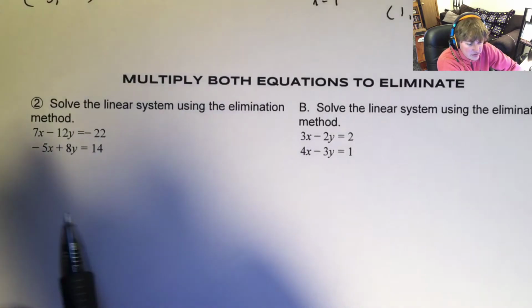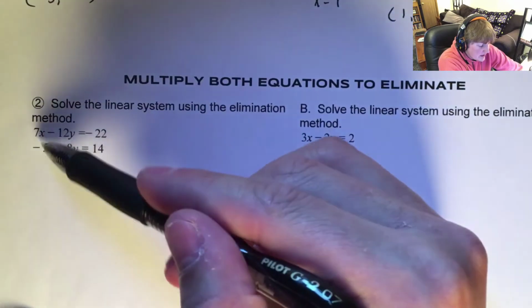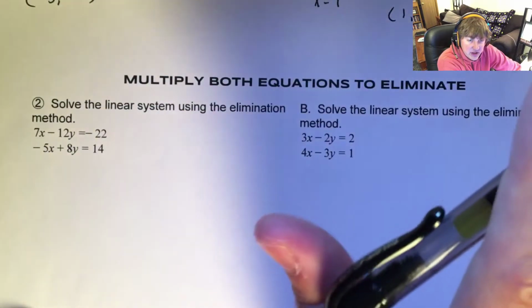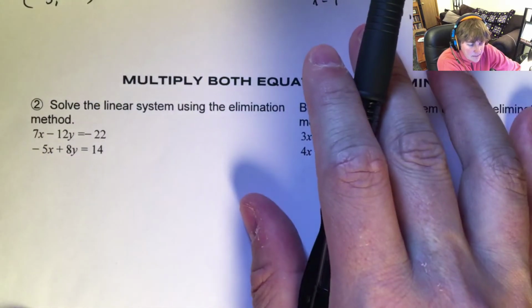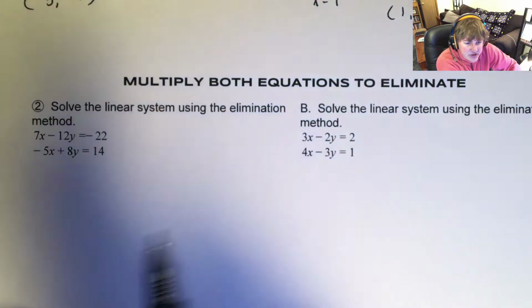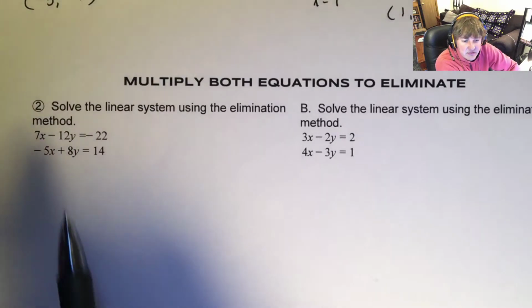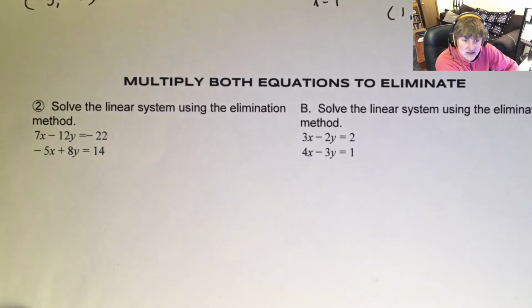So this is going to be one where I'm going to have to multiply the top equation by a value, and then I'm also going to have to multiply the bottom equation by a value. Often I would just pick the one that is going to have smaller numbers, but again, you can do this however you'd like. So the top equation, okay, one's positive and one's negative, and that's a good thing because that means I can just multiply both equations by a positive value.